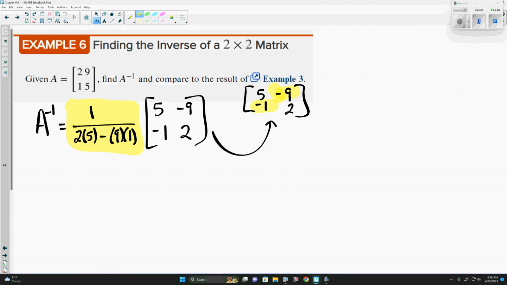Now, if this fraction works out to be a negative, when I multiply it with this here, this is now going to be negative, and this one's now going to be positive, positive, negative. So sometimes they won't look like the exact same numbers because that fraction, either being a fraction or an integer, might change how it looks.